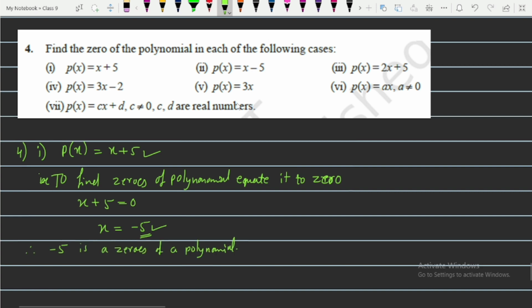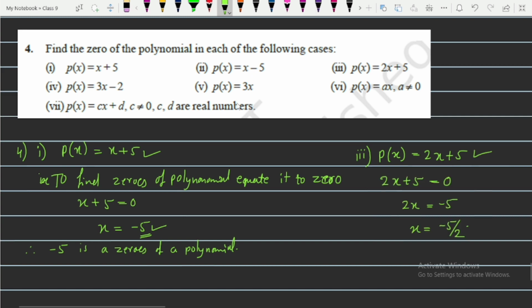In the same way we can do question number 3. I want to find the zeros of this polynomial, that is p of x equal to 2x plus 5. To find the zeros, what I should do is equate the given polynomial to 0. So 2x equal to -5, x equal to -5 by 2. See, when you put -5 by 2 in this polynomial, you will get the value of the polynomial as 0.